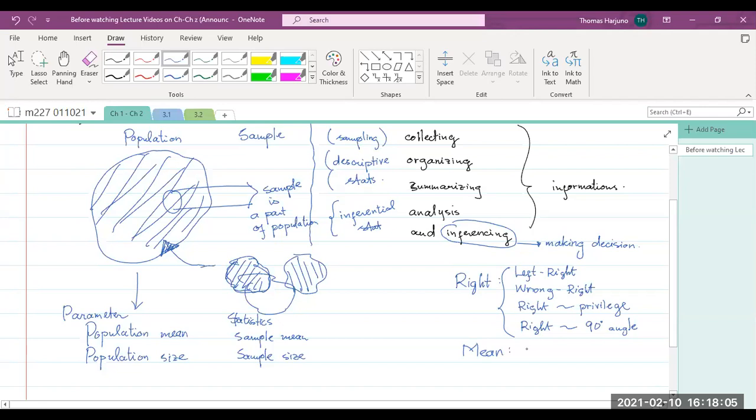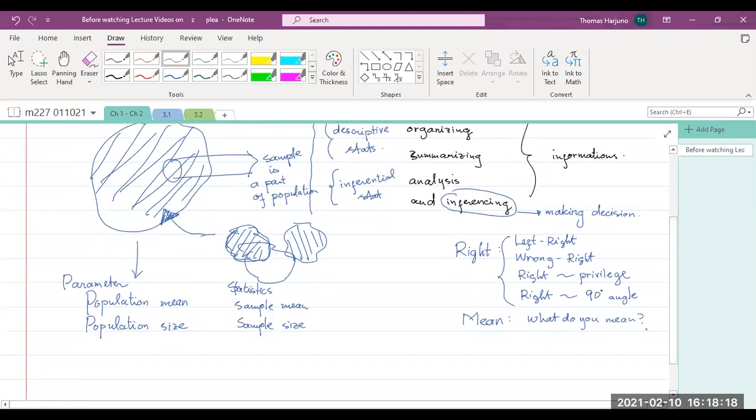Mean as in what do you mean, what is your intention? That's one. Behavior, a mean behavior, mean as in being kind of evil.